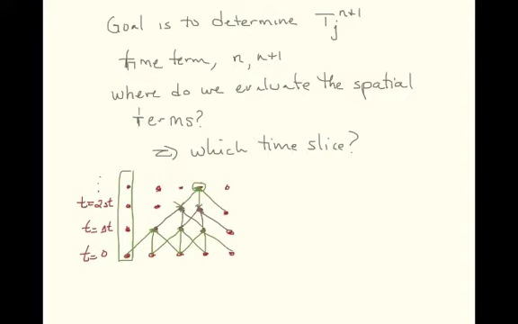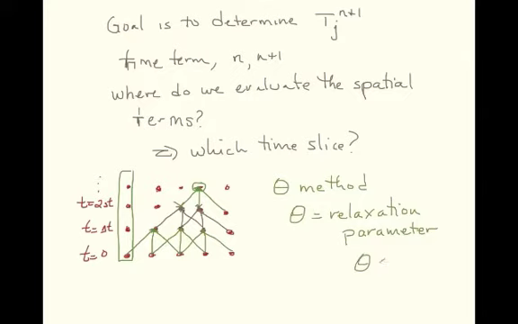So what we want to look at is what is referred to as the theta method. In this case, theta is equal to a relaxation parameter. Theta is between 0 and 1, and we'll see how that all fits in just a minute.